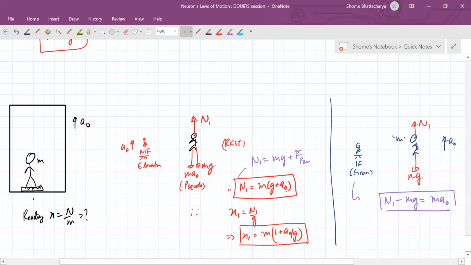So here also you can see it's the same conclusion at the end of the day. The value of normal reaction will come out to be the same. So the reading of the spring balance will be the same.